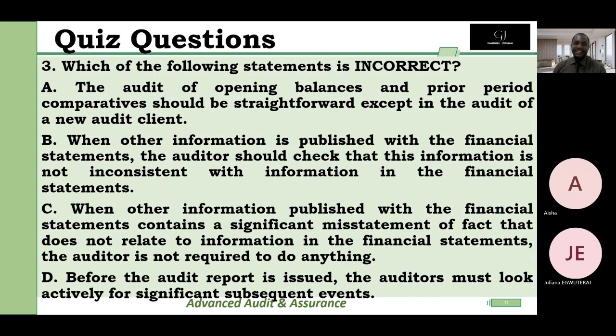Which of the following statements is incorrect? The audit of opening balances and prior comparatives should be straightforward, except in the audit of a new audit client. When other information is published with the financial statements, the auditor should check. Okay, J is going with A. A, what are you going with? Wait, not yet.